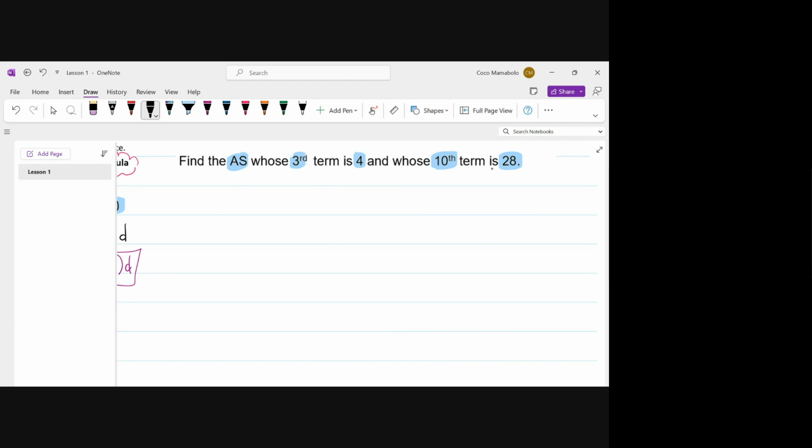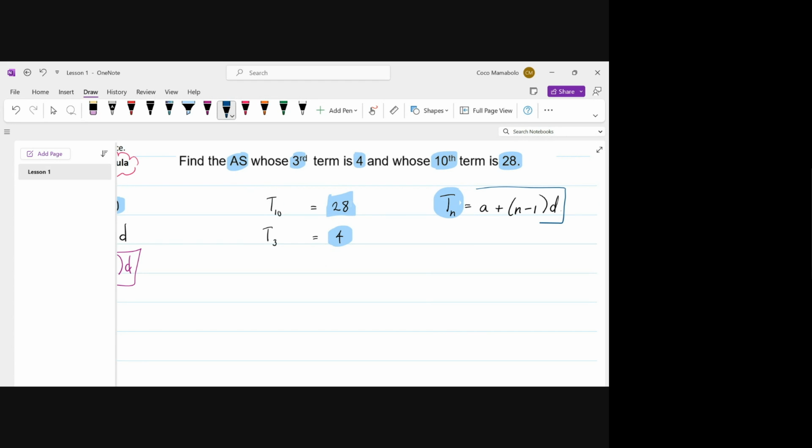So we start by saying T10 is equal to 28, and then T3 is equal to 4. I'm going to remind you again, Tn is equal to A plus (n minus 1) D. The Tn part we've replaced with 28 and with 4.